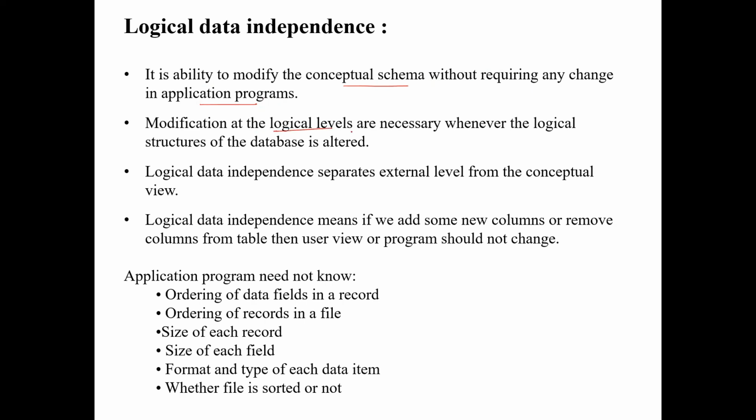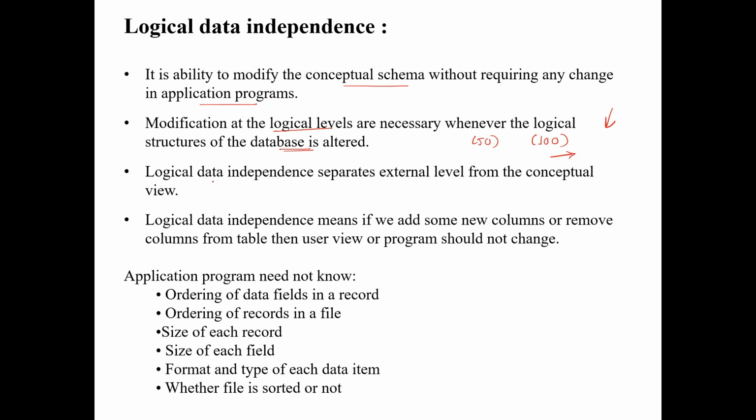Modifications at the logical level are necessary whenever the logical structure of the database is altered. Logical structure means, for example, if I think that a string of 50 characters for an address is not sufficient, I should increase it to 100, or if I want to add a new column or make some modification.